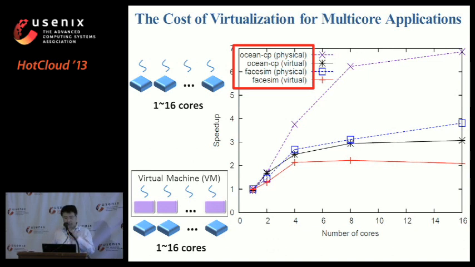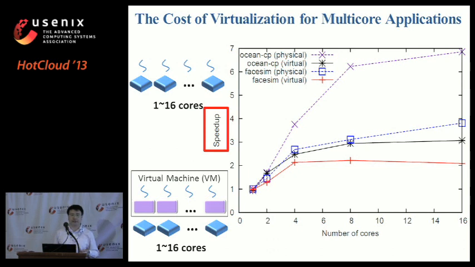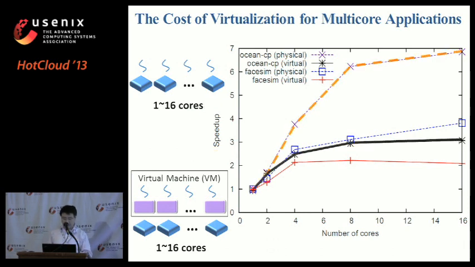OceanCP is from the Splash2x benchmark suite, and FaceSim is from Parsec. On the y-axis, I show the speedup of these applications relative to their single-thread performance on the physical machine. We scale the size of the virtual machine from 1 core to 16 cores. When we scale the virtual machine and the physical machine, we see that the performance gap of these benchmarks keeps widening.